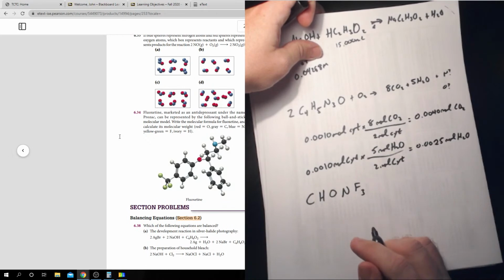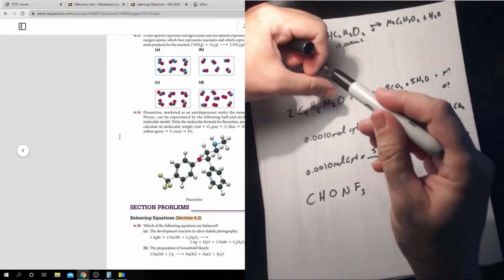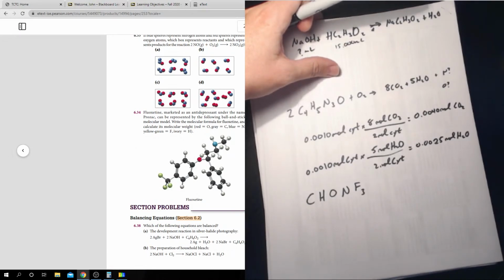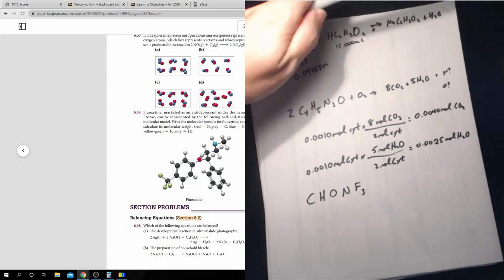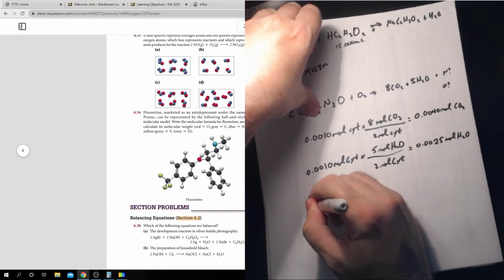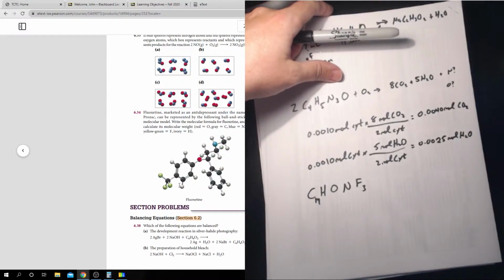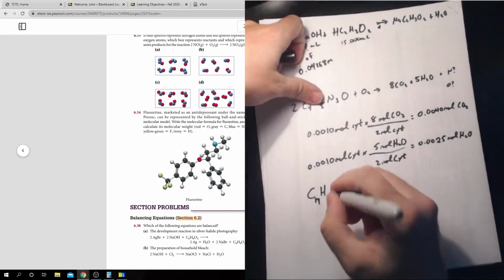I only see the 1 nitrogen and the 1 oxygen. So now let's get to counting the carbon and hydrogen. We have 17 carbons and 18 hydrogens.